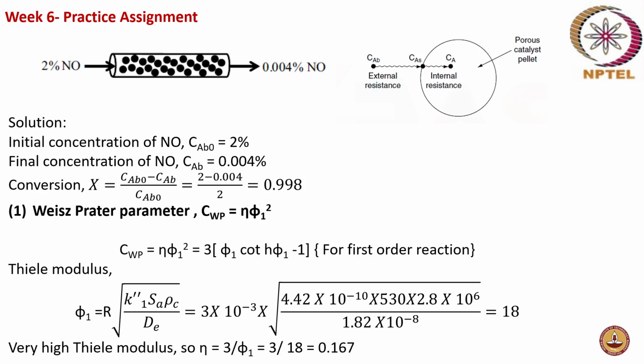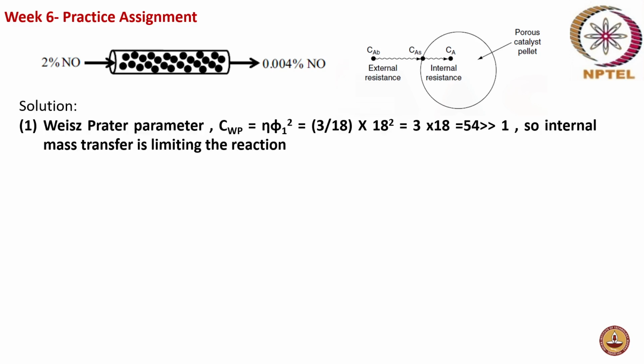When the Thiele modulus is very high, it is internal diffusion limited. However, the Weiss-Prater parameter gives an additional confirmation, since its value is very much greater than 1. That means there is an internal mass transfer limitation for this reaction. Okay, now let's go on to part 2 of the question.